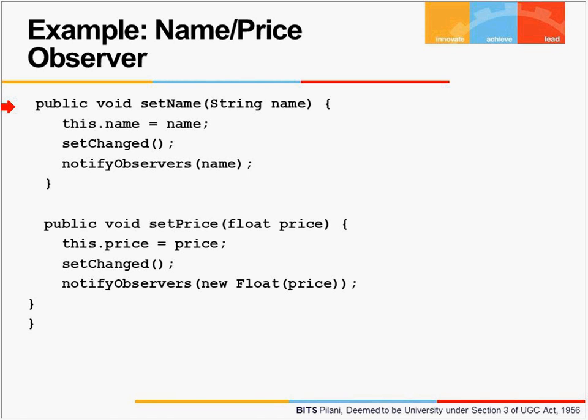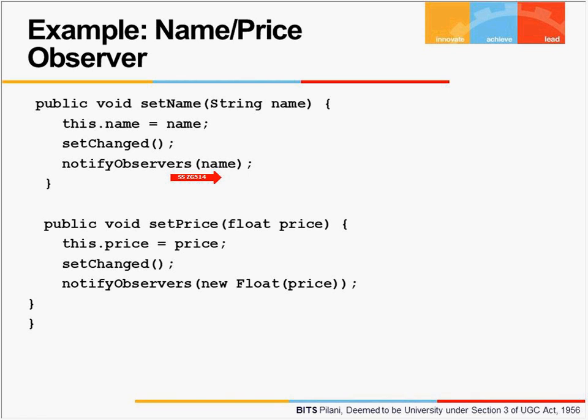And you can see here that the attribute is changed to the incoming name value. That method invokes set changed, right, which indicates that there is a change that has happened, and then it notifies the observers. The observers are notified with the new state value, right? You can see it passes the name value as an argument to the notify observer method, right?